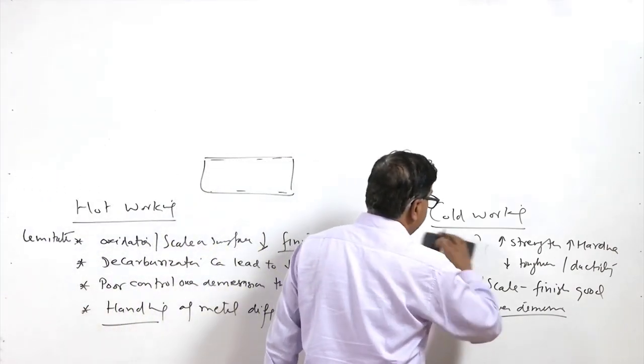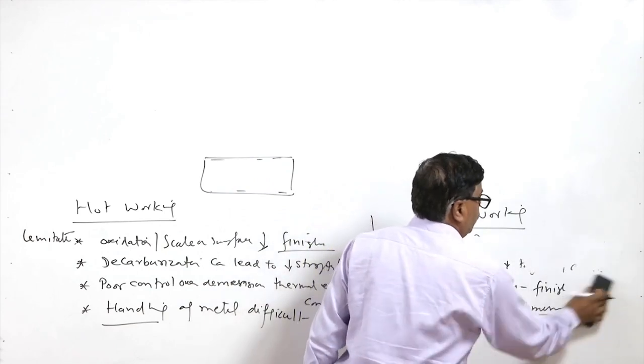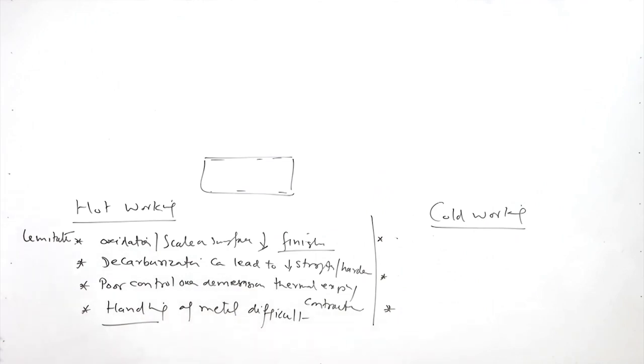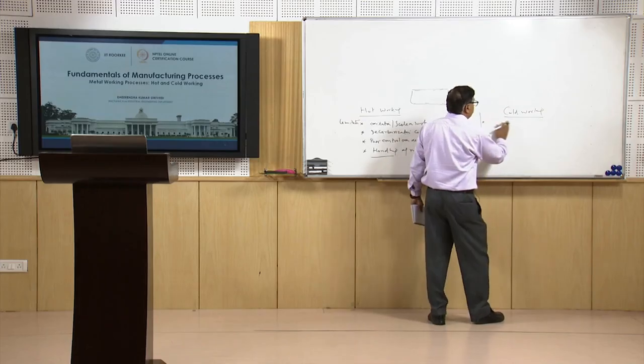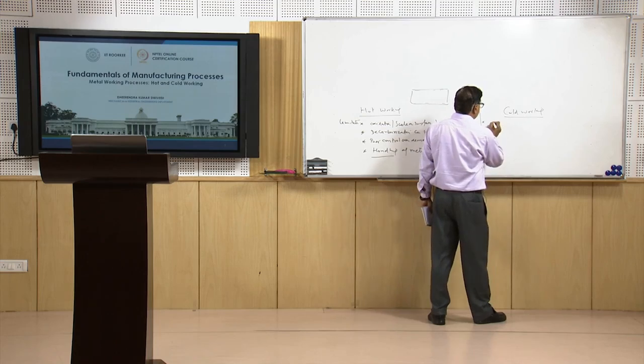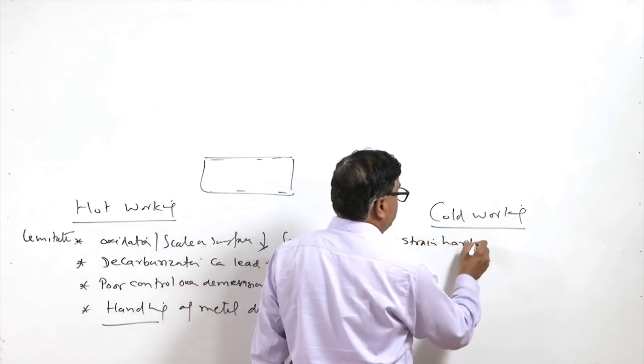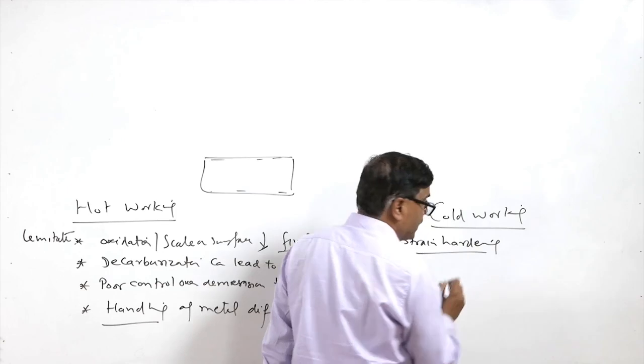Now, we will see the limitations of the cold working. We know that the cold working is carried out below the recrystallization temperature, which will be leading to the strain hardening. So, excessive strain hardening of the metal eventually leads to the cracking.